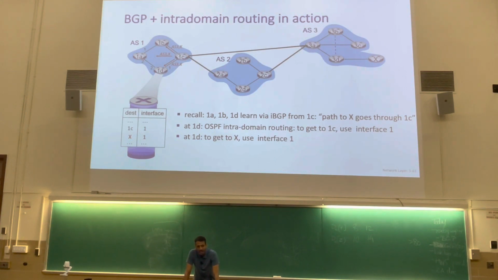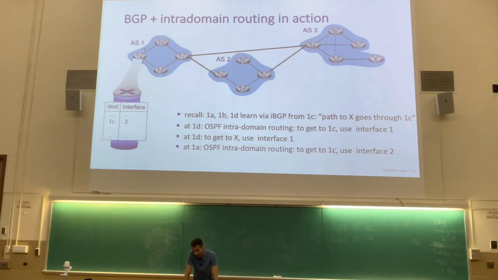To get to any place outside my own AS, I have to go to 1C, my network's border router. In this example, that's the only way to get out of my network. So the route to prefix X, which is in a third-party AS, is determined by a combination of inter-domain routing protocol plus intra-domain routing protocol that says, I first get to my border router and then take the most preferred route from there on.